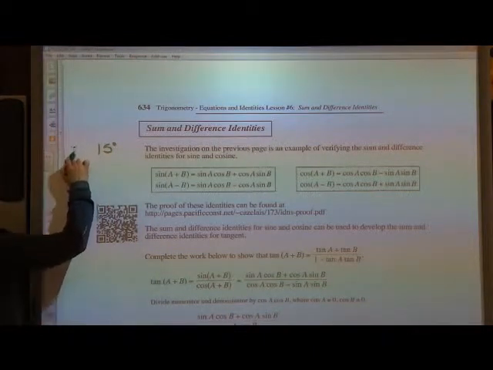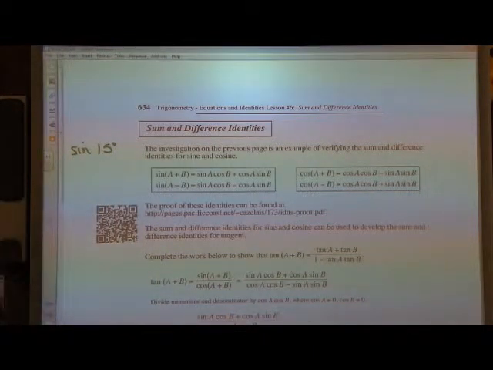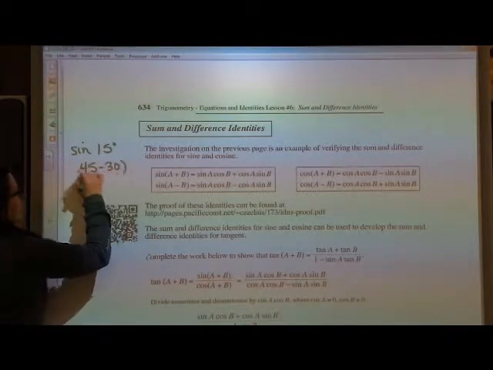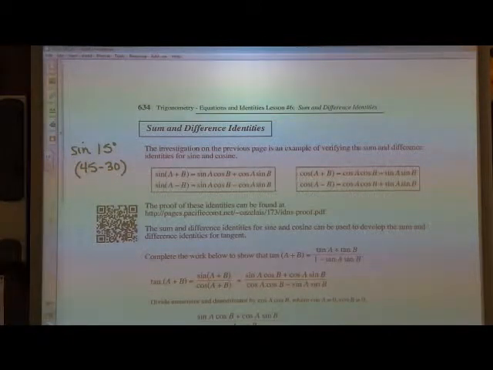If you ask me to find the exact value of sine 15, I don't have the ability to do that right now. If I went sine 15 on my calculator and tried to square that answer, it would not help me. However, 15 degrees I can write as 45 minus 30.